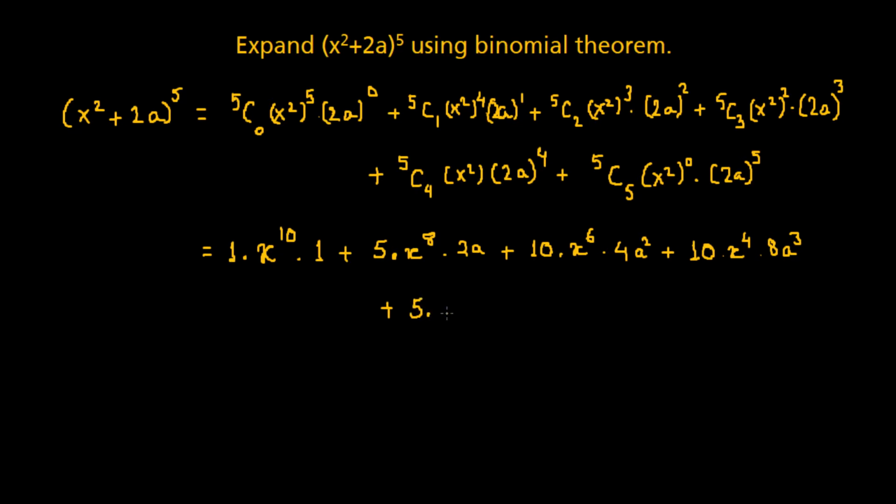So 5c4 times x squared times twice of a raised to the power of 4. So that would give us 16a raised to the power of 4, plus 5c5, which is 1. x squared raised to the power of 0 is 1. And twice of a raised to the power of 5 would be 32a raised to the power of 5.